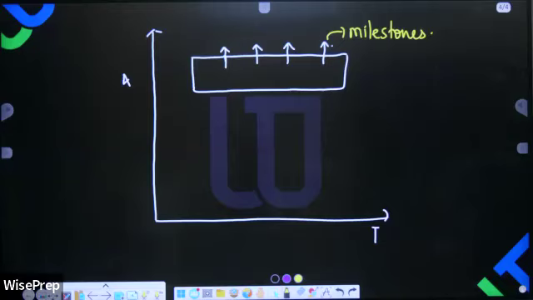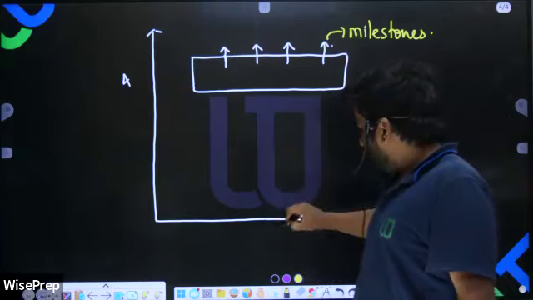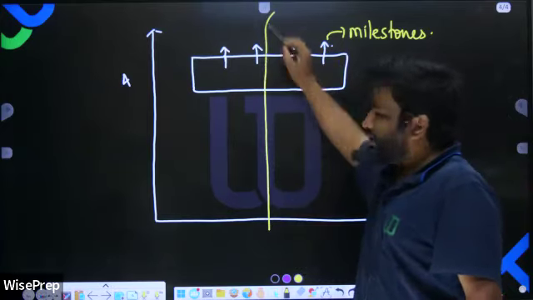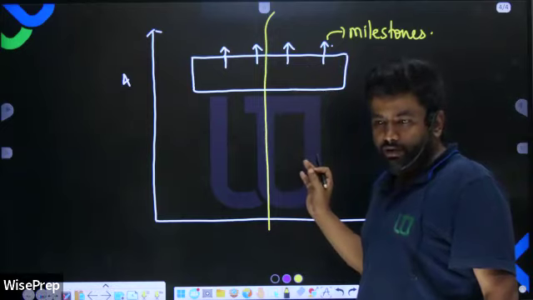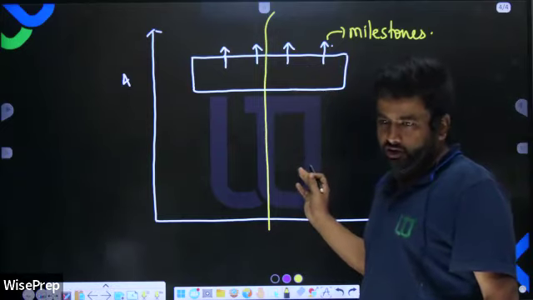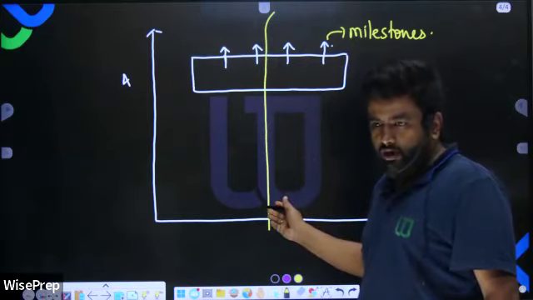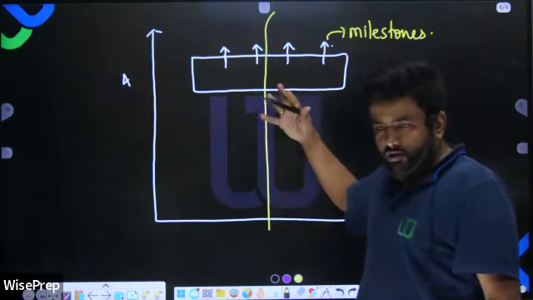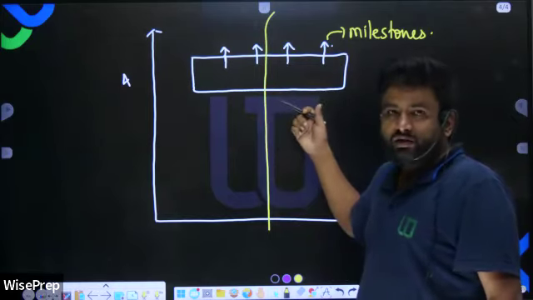Second is review of project progress. Suppose at this instant of time, can you say what percentage of project completion has been achieved? No idea about the project completion at this point of time. The graph is not showing anything. But this limitation was also overcome.